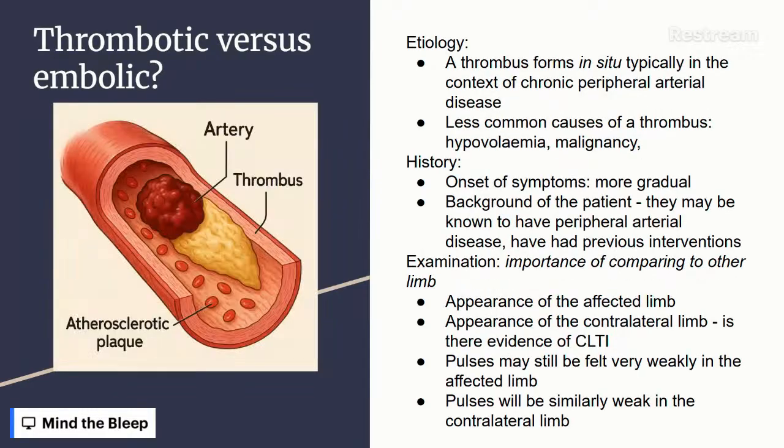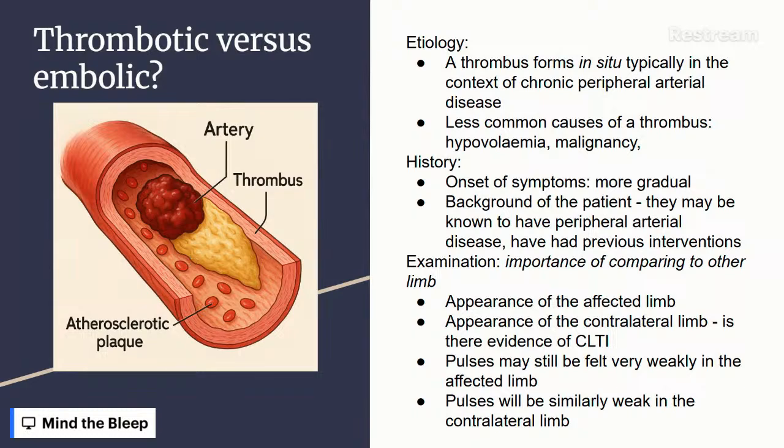Okay, so you've mentioned this thrombotic versus embolic event, and often they get put together as thromboembolic. So a thrombus forms in situ. What you can see from here is this is someone's artery. They've got some atherosclerotic disease.